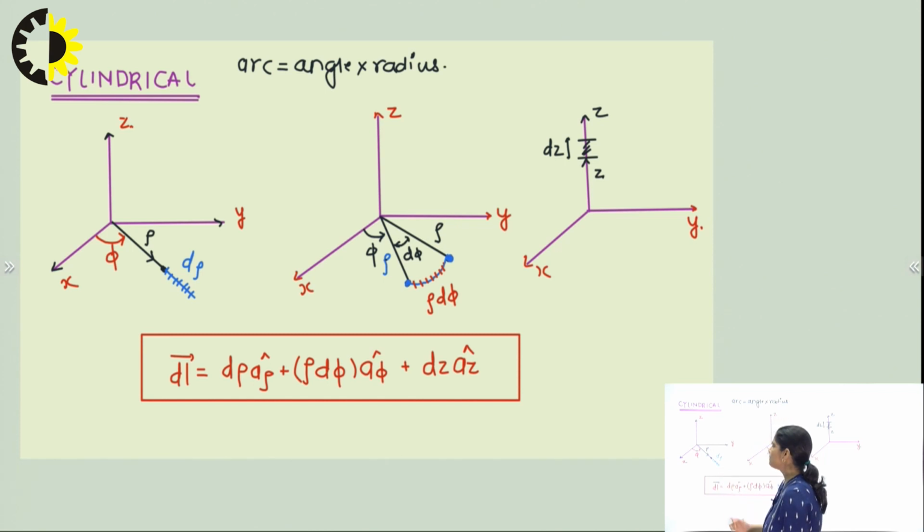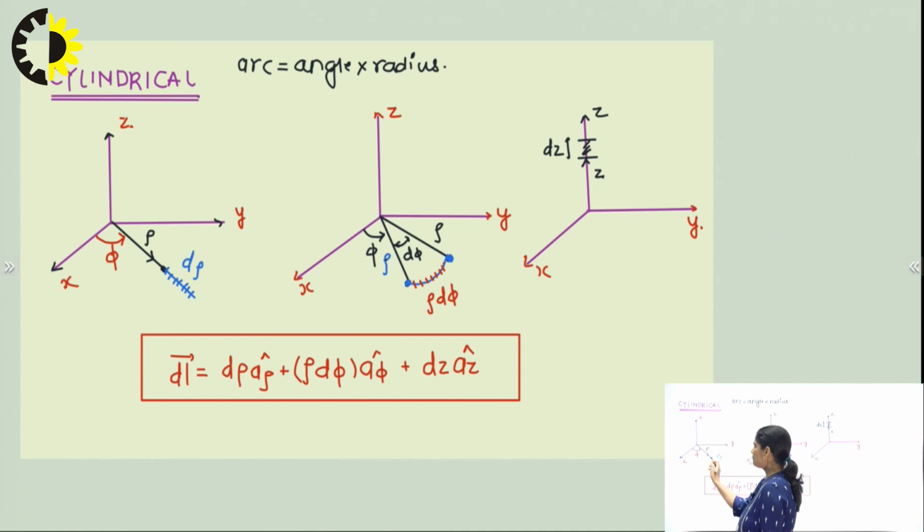You all know the coordinates of cylindrical are rho, phi, z. First we are considering the case of rho, then the case of phi, and then the coordinate of z: rho, phi, z. So here we have to consider the differential length of rho.